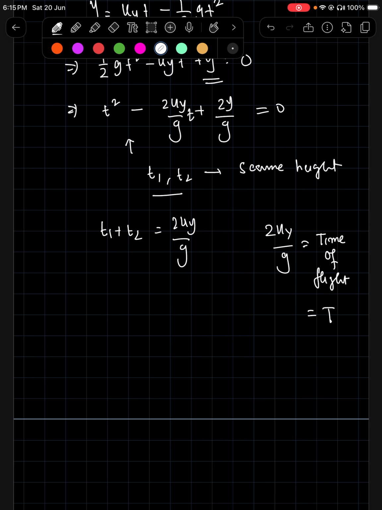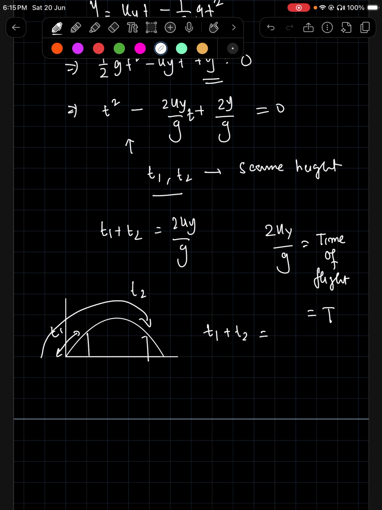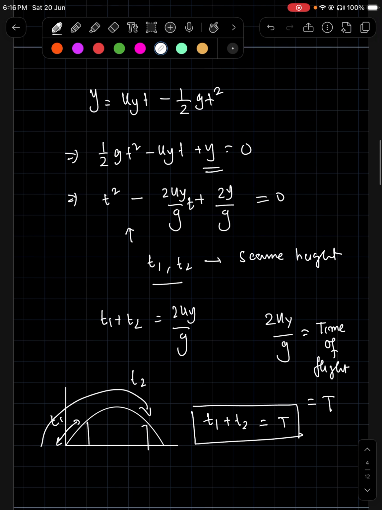So we have found that when a projectile reaches the same height twice, at two moments t1 and t2, then the sum of those times is the time of flight. A very important characteristic of projectile motion, because if t1 is known, then I can find t2 easily, and that can help us solve various MCQs.